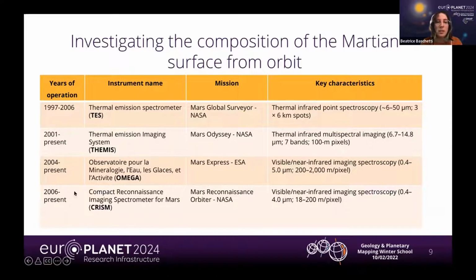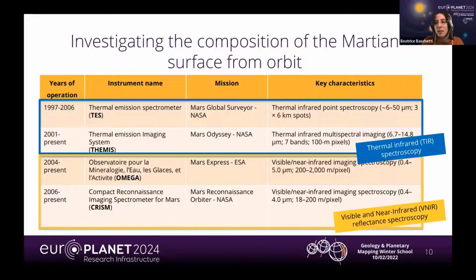And then the other three, which are still operating today, are the THEMIS spectrometer onboard Mars Odyssey, and the OMEGA and CRISM spectrometers, which are respectively onboard Mars Express and Mars Reconnaissance Orbiter. These instruments can be grouped in two, because they use different technologies. The first two are based on the study of the thermal infrared part of the spectrum, while the other two are based on visible and near infrared reflectance spectroscopy.